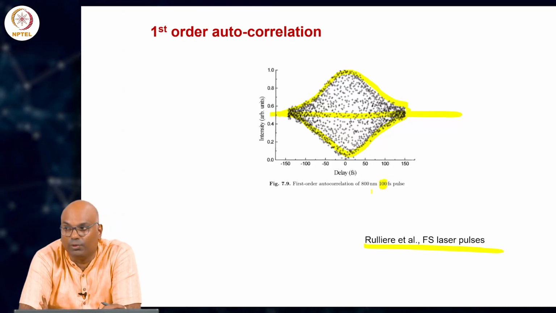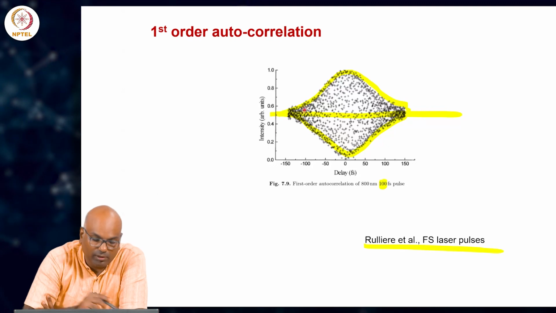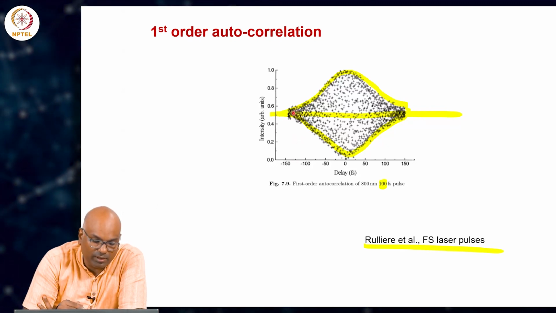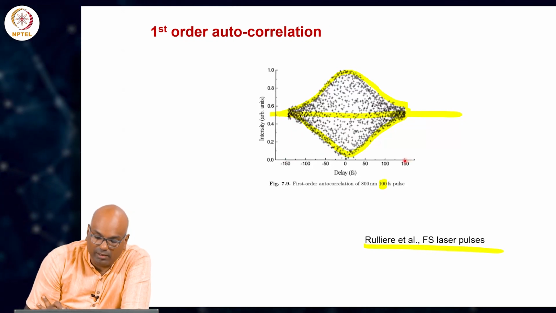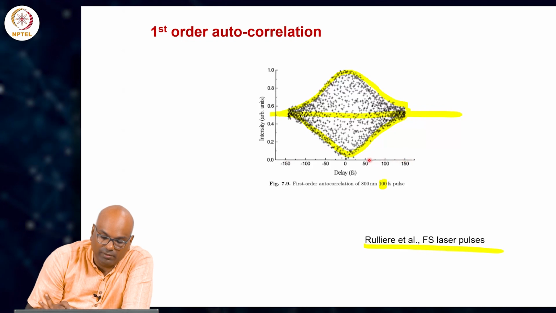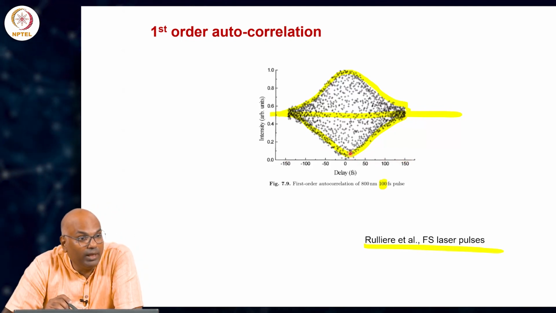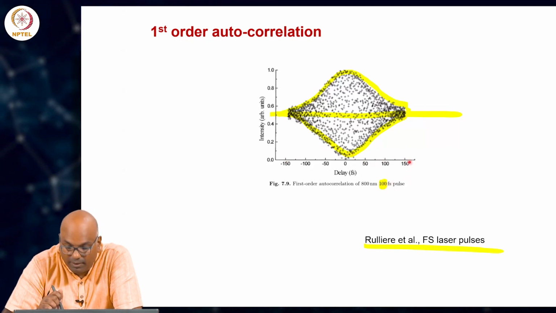All this goes into making this picture. Then for every point of delay, you scan this delay all the way from, say, plus 150 femtoseconds, which is essentially 2L by C. The delay tau is 2L by C.